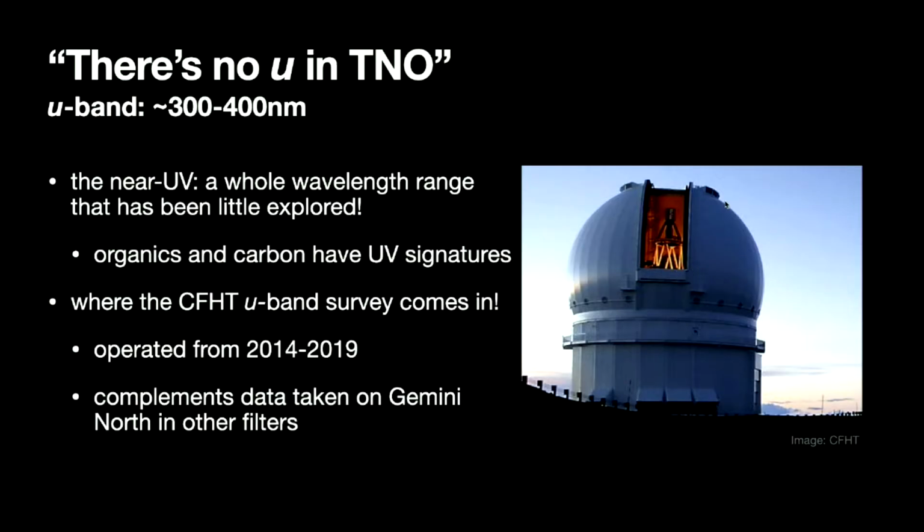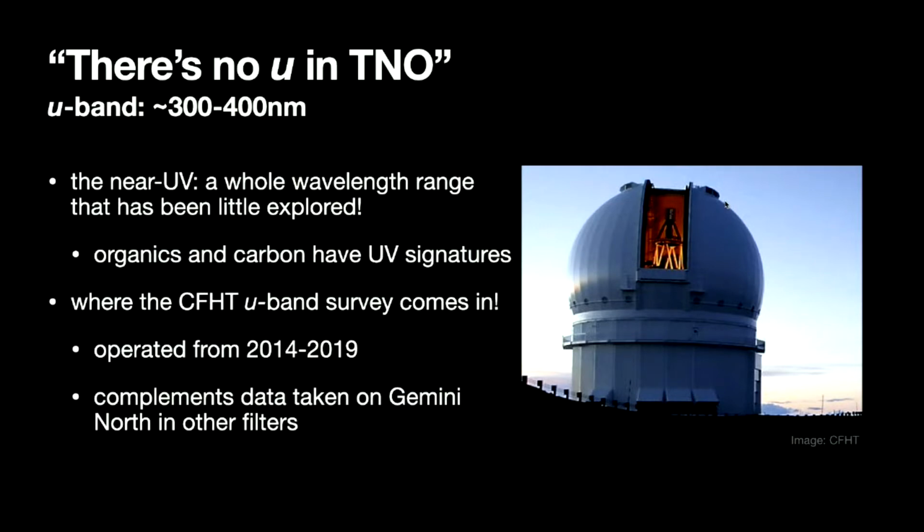So this is where my project comes in, and I take images from this telescope called the Canada-France-Hawai'i Telescope, or the CFHT, and it's located on Maunakea in Hawaii. It took images of TNOs from 2014 to 2019 in the U band.